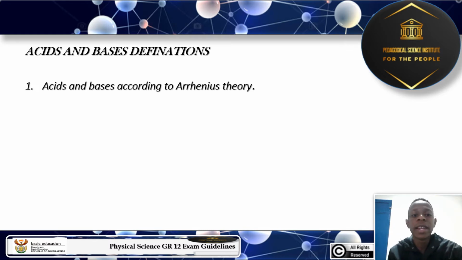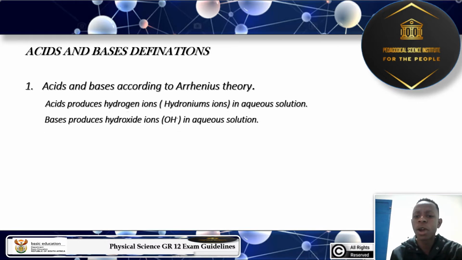So when they say define acid and base according to Arrhenius theory, you are going to say acids produce hydrogen ions or hydronium ions in aqueous solution.